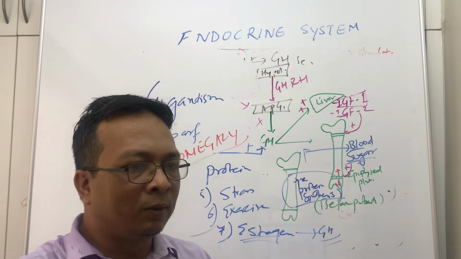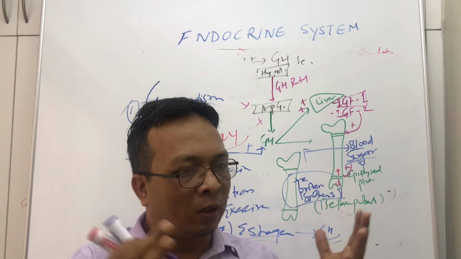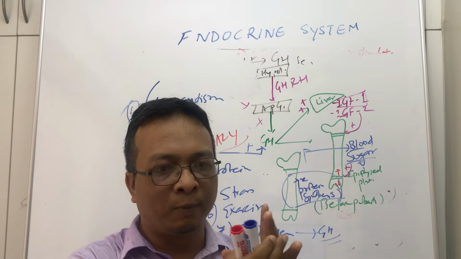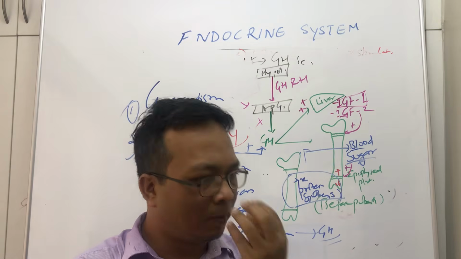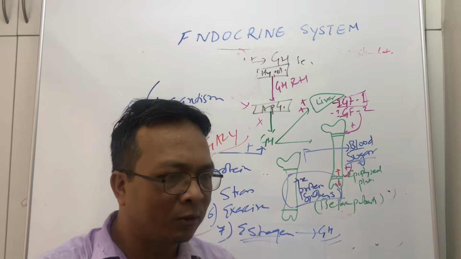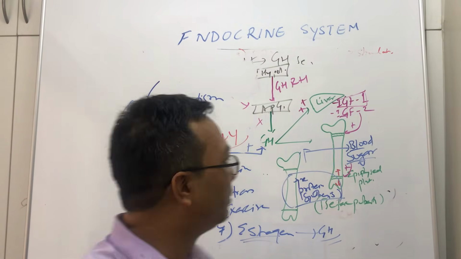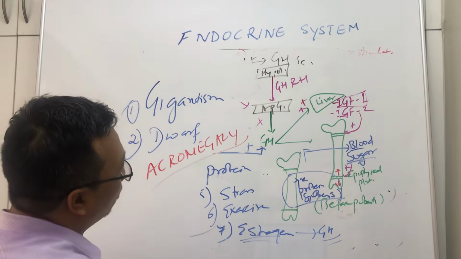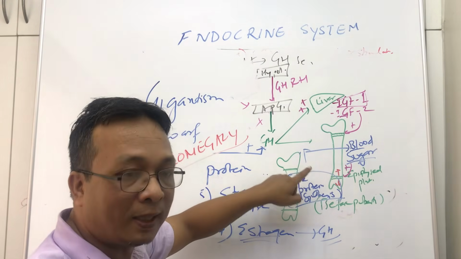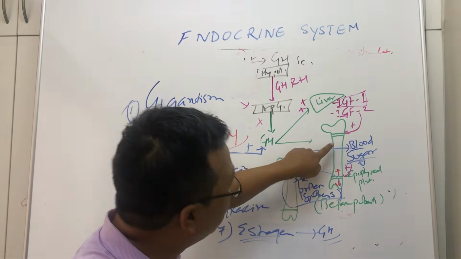Sometimes you see people who are not tall, but they have large fingers, broad fingers, broad nose, broad lips, and protruded mandible. You see those. This is when the growth hormone is secreted in excess after puberty.